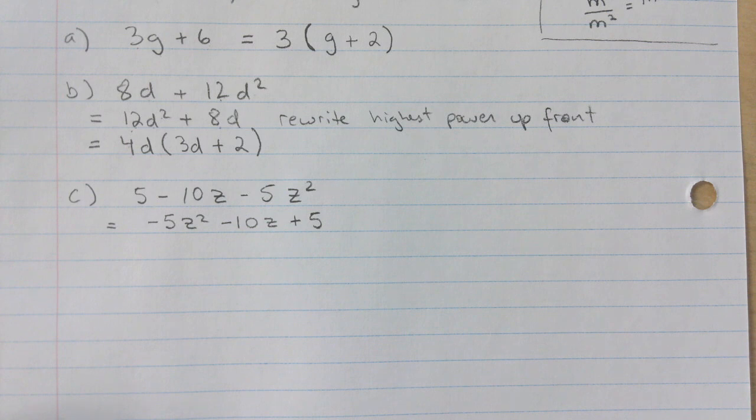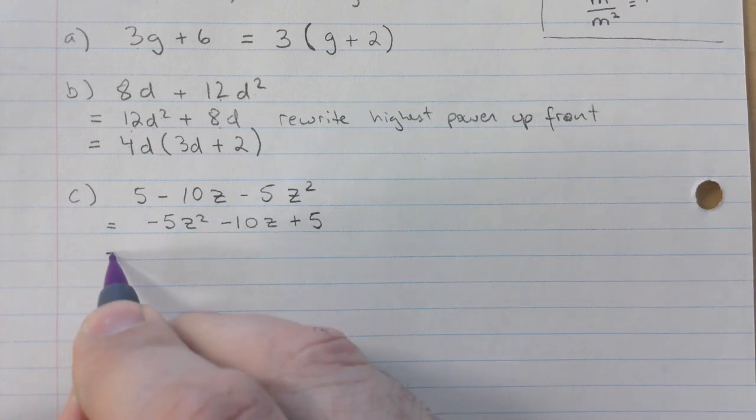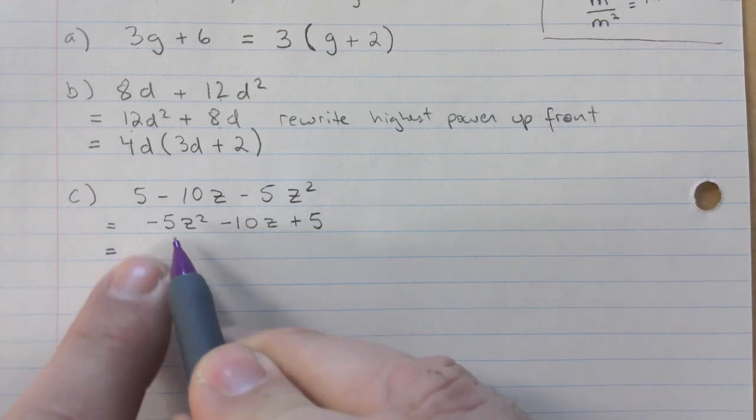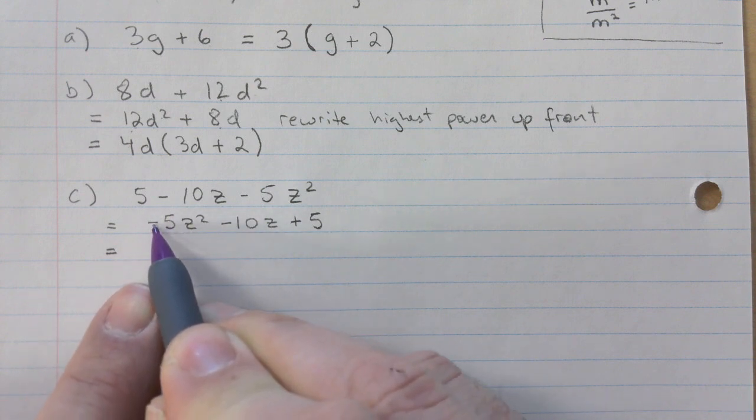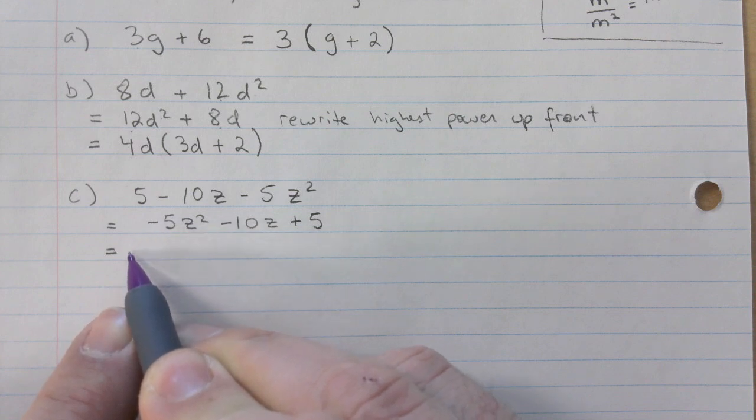And here comes another very important piece. When your leading coefficient, like this number in front of z squared, is negative, you want to make sure you take out a negative. Okay, very important.